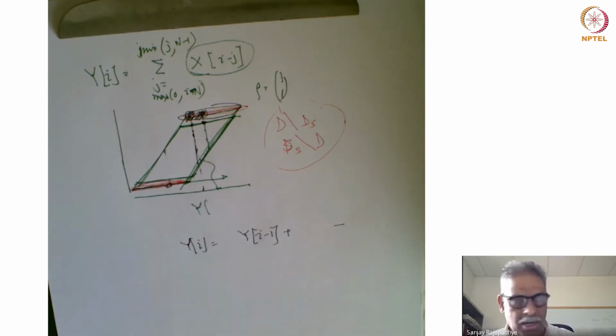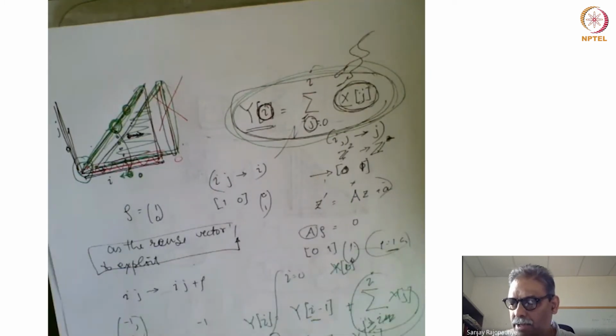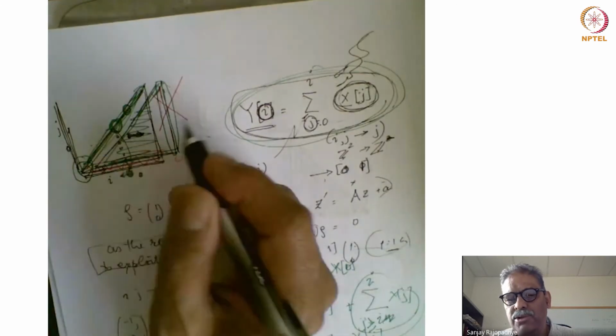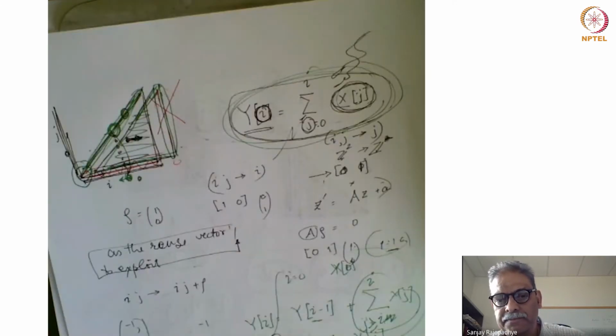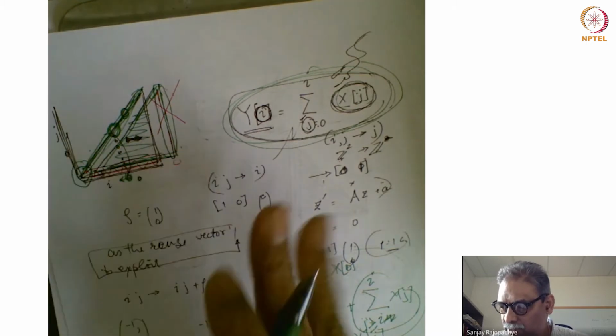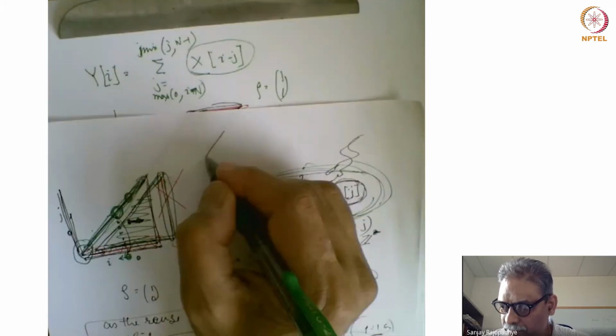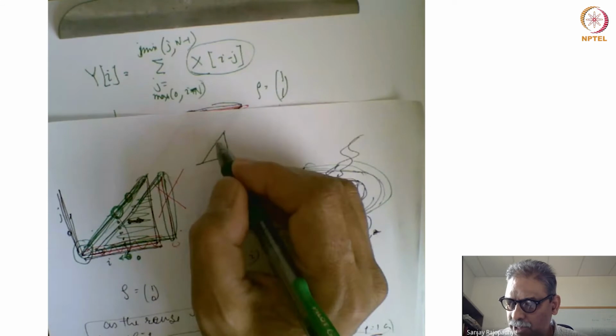Another way of thinking about this is the following. If I go back to my first example, I shift to the right. Why not shift to the left? What happens if I shift to the left? I have my original domain and I shift it to the left.